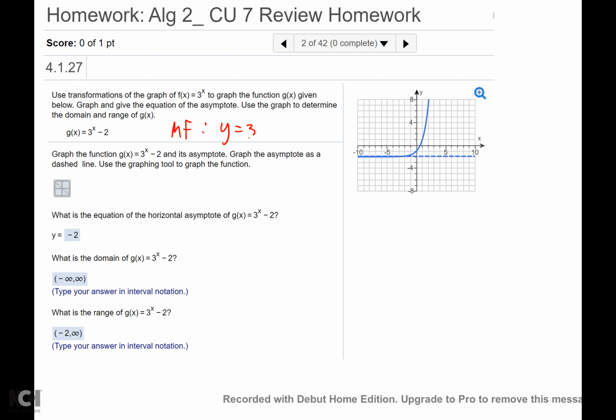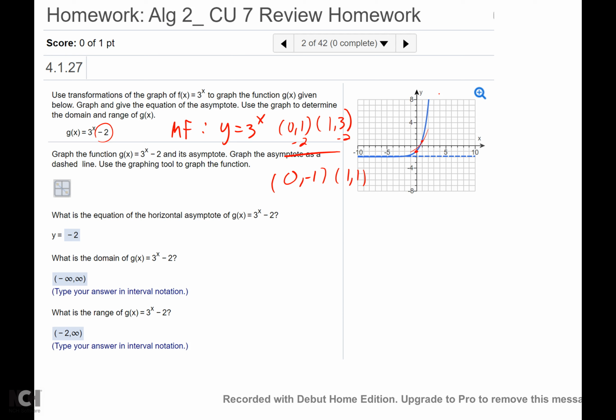Mother would be y equals 3 to the x, which passes through (0, 1) and (1, 3). And this says subtract 2 from the y. So minus 2: (0, negative 1), (1, 1). So I would plot those, and that would be the new graph.